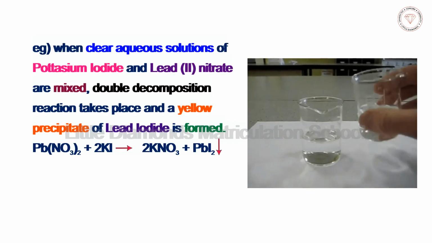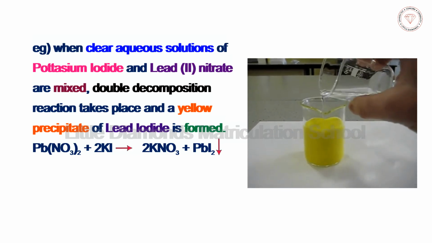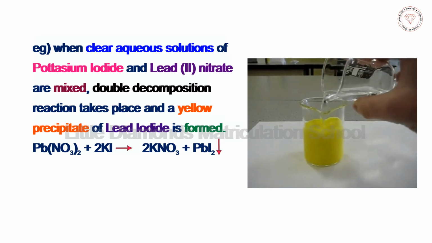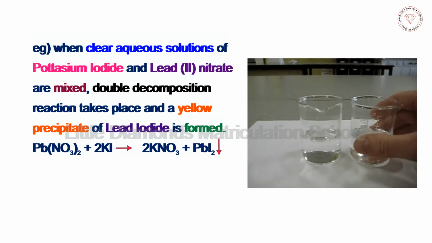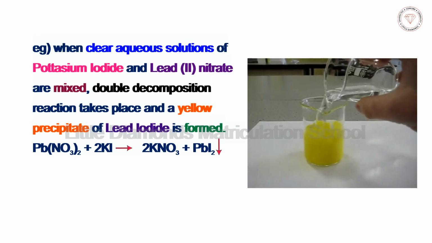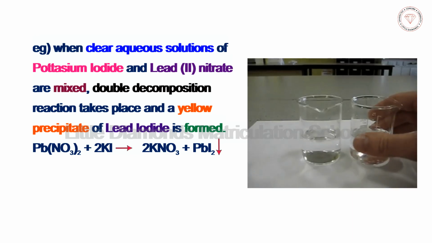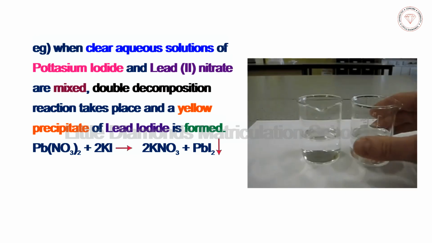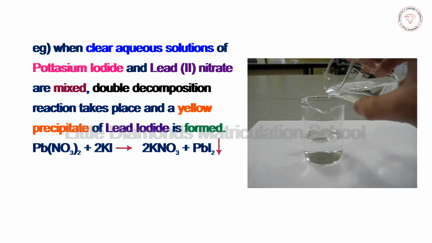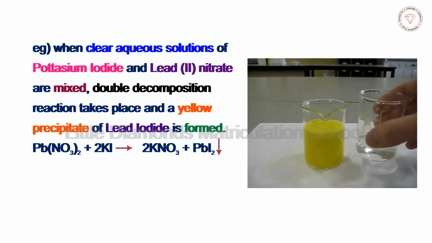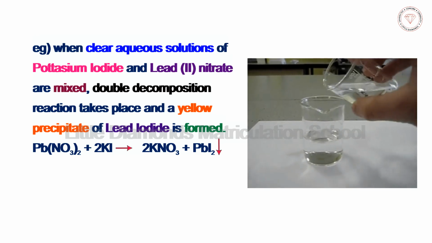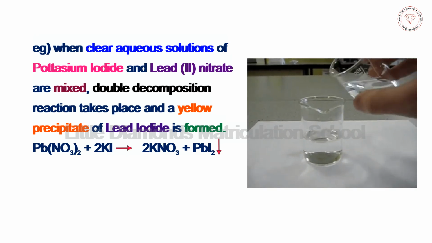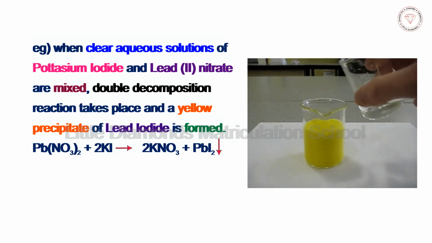For example, when clear aqueous solutions of potassium iodide and lead nitrate are mixed, a double displacement reaction takes place and a yellow precipitate of lead iodide is formed. Pb(NO3)2 plus KI gives KNO3 plus PbI2. That is, lead iodide precipitate is formed along with soluble potassium nitrate.